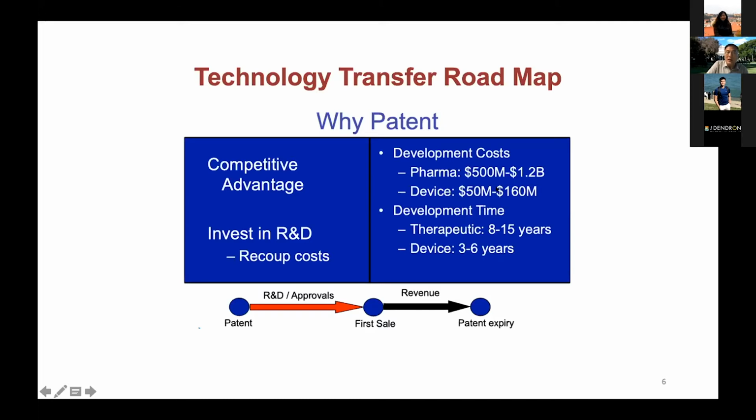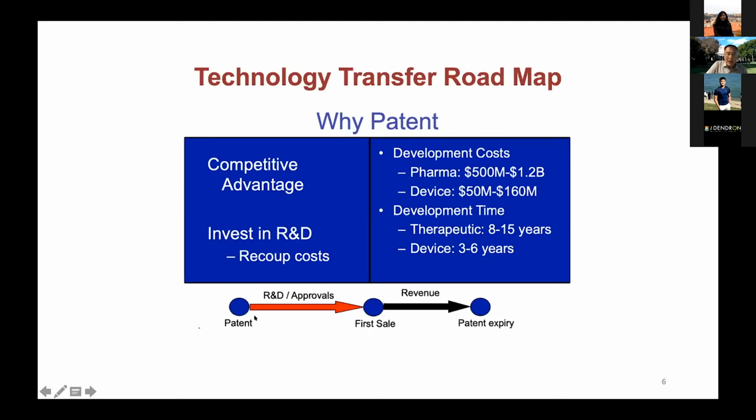This is the development cost when some company acquires IP. If you talk about the development time for therapeutics, it can easily go from 8 years to 15 years. For medical devices, it will take about 3 to 6 years.